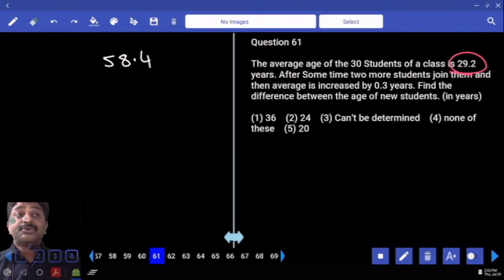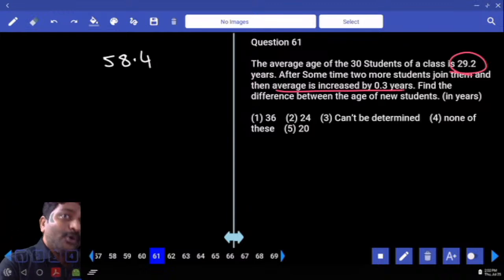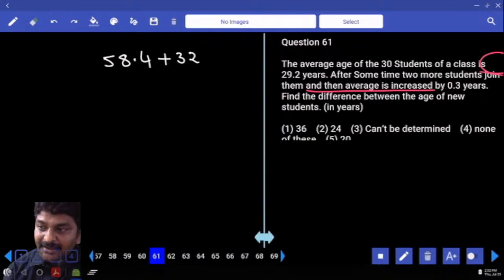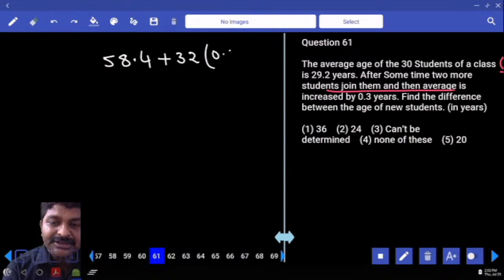But after those 2 new students join, what happened to the average? Increased by 0.3 for the whole group, right? After 2 people joined the group, how many students are there? For all 32, average increased by how much? 0.3. 32 students, each member increased by 0.3. 32 times 3 is 96, which is 9.6.